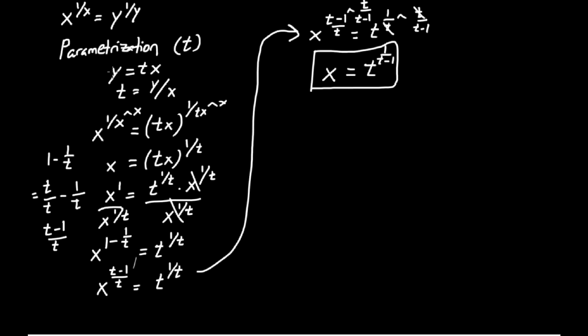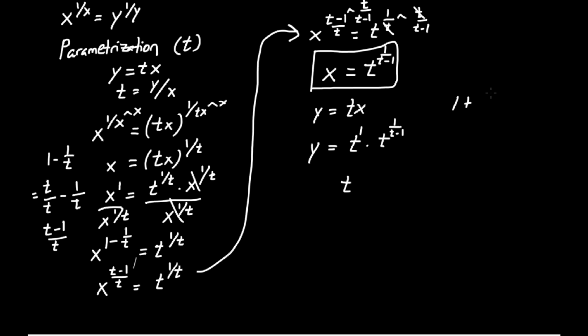Now, to find y in terms of t, I go back to this equation here, that y is equal to t times x. And just to solve for y here, all that requires is that I multiply what I found for x by t. So I get y is equal to t times t to the 1 over t minus 1 power. And again, here I have that 1 implicitly. So now I have t to the sum of 1 and 1 over t minus 1.